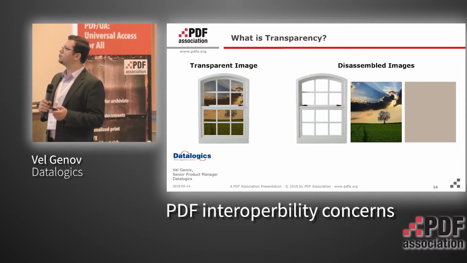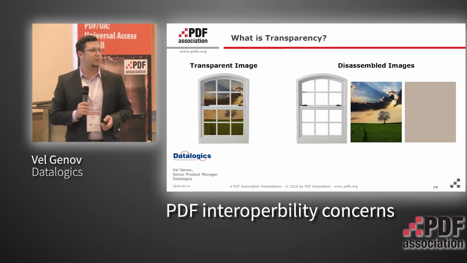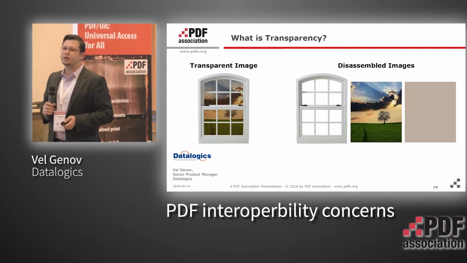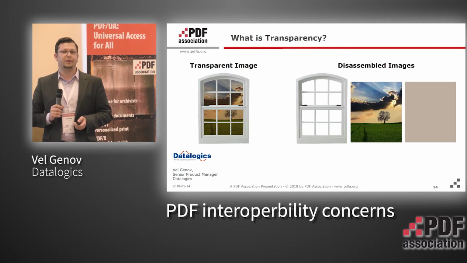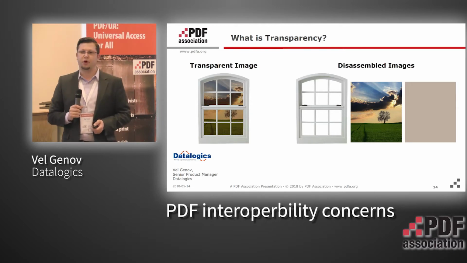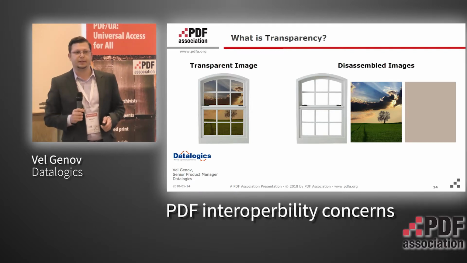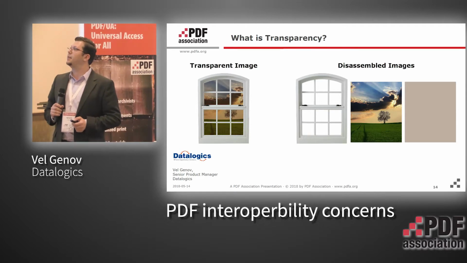So these three layers can be separate in a PDF file, and they can have a particular type of transparency applied to them. Then it's up to the viewer that's viewing those layers to actually decide how they're going to interact based on the transparency that is defined in the PDF file. So this is where a lot of the problems come from, since not all viewers think that this transparency should actually be presented in exactly the same way.